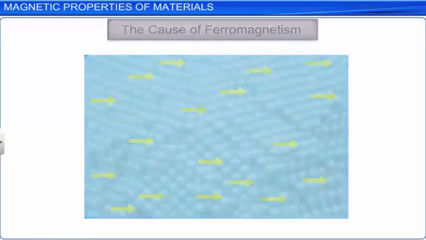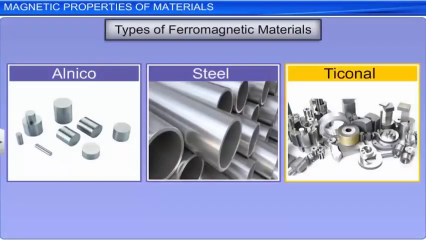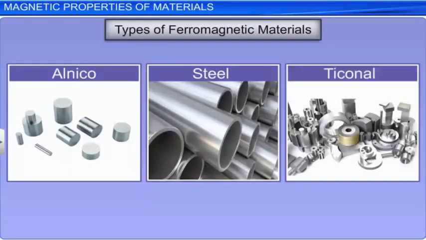Alnico, steel, Ticonal, etc. are the examples of hard ferromagnetic materials.